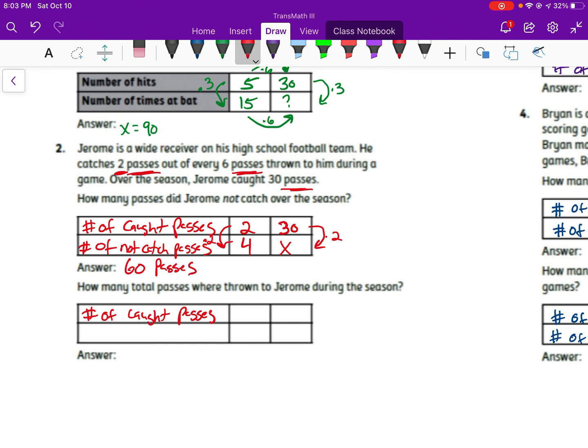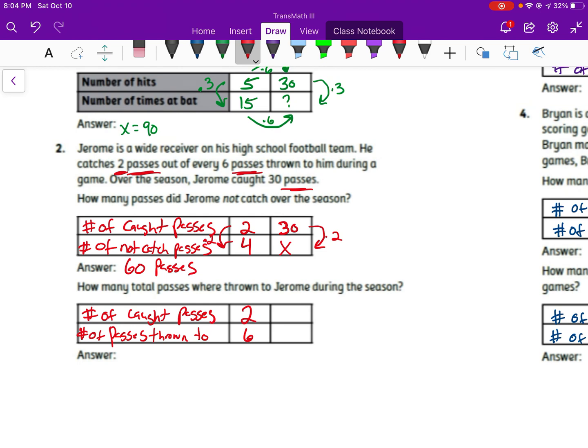All right, so in the next question, how many total passes were thrown to Jerome during the season? So number of passes thrown to. Okay, so then we're going to use that again, 2 passes out of every 6 passes thrown to him. So he caught 2, and then he had 6 passes thrown to him.